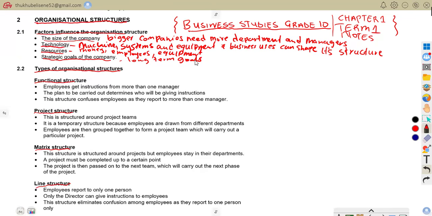For example, a company planning to expand internationally may create an export department. That is how these factors influence the organizational structure.